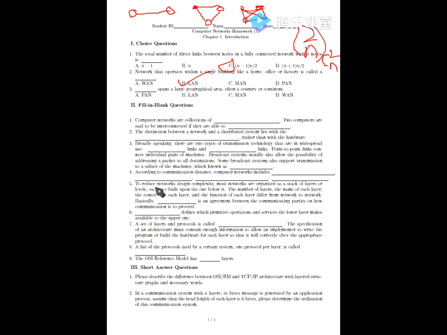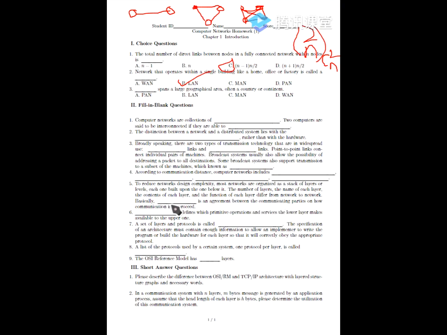To reduce network design complexity, most networks are organized as a stack of layers or levels, each one built upon the one below it. The number of layers, name of each layer, the contents of each layer, and the function of each layer differs from network to network.